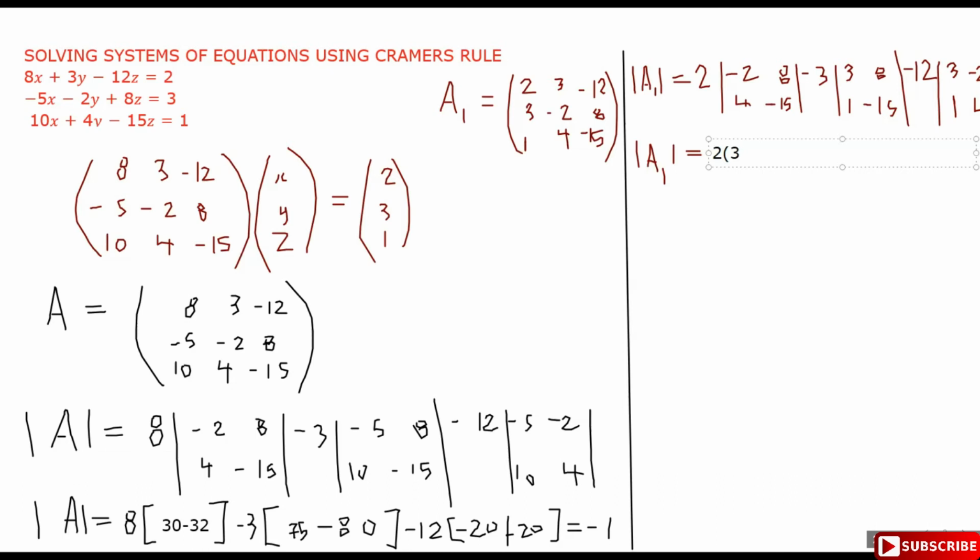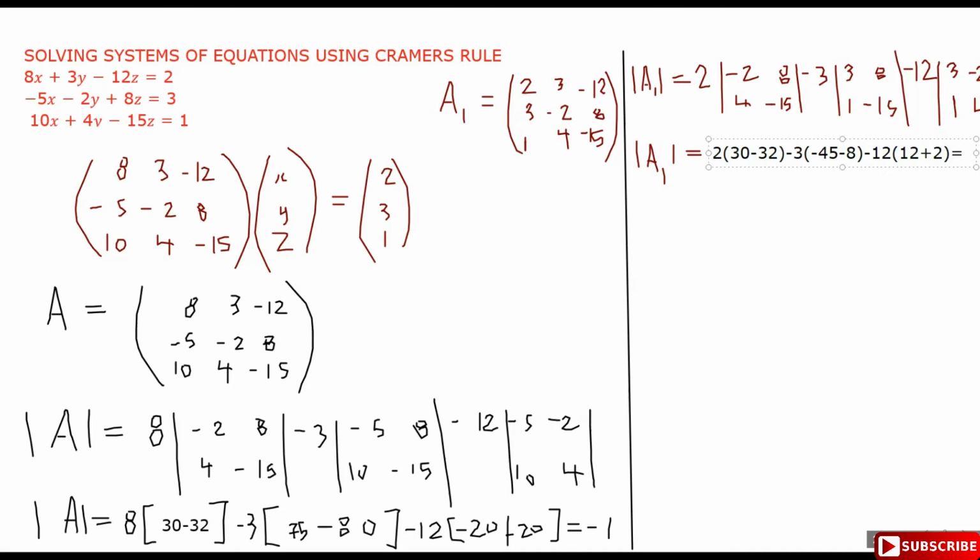That's 30 minus 32 again. This is now minus 3 times, 3 times minus 15 is minus 45. Minus 8 times 1 is 8. Beautiful. Minus 12 times 3 times 4 is 12. Minus 2 is plus 2.